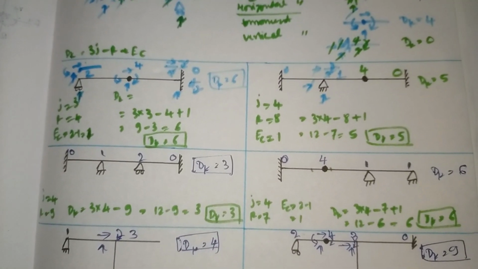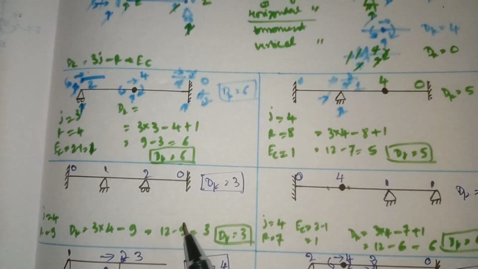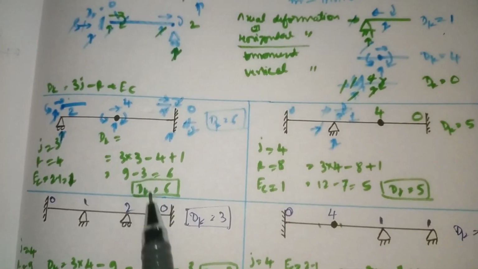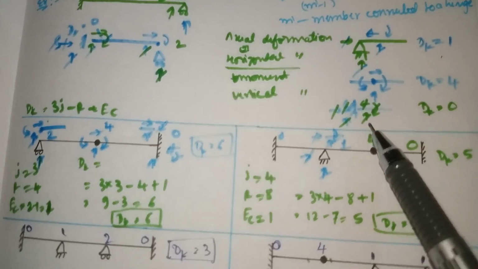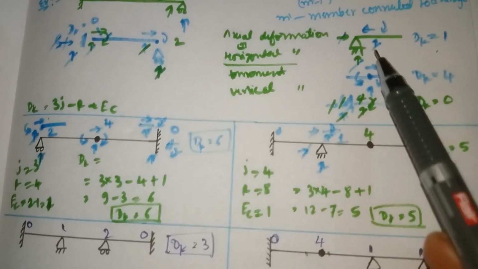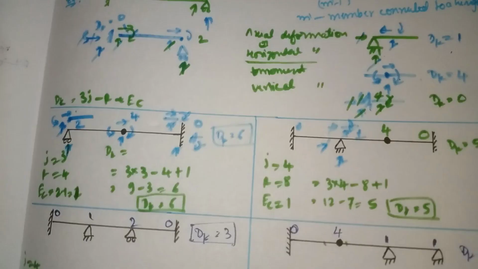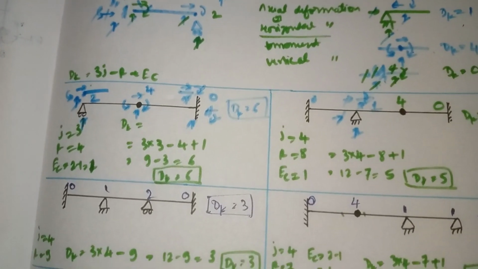So if you don't remember this formula in the exam, you can calculate by simply remembering the value of dk at the hinge support, at the internal hinge, at fixed and at roller support. You can calculate easily.